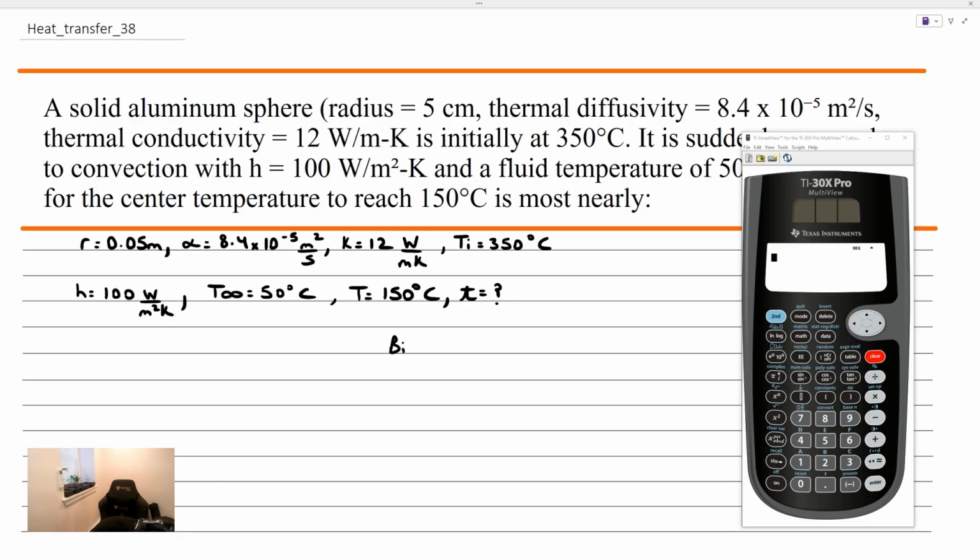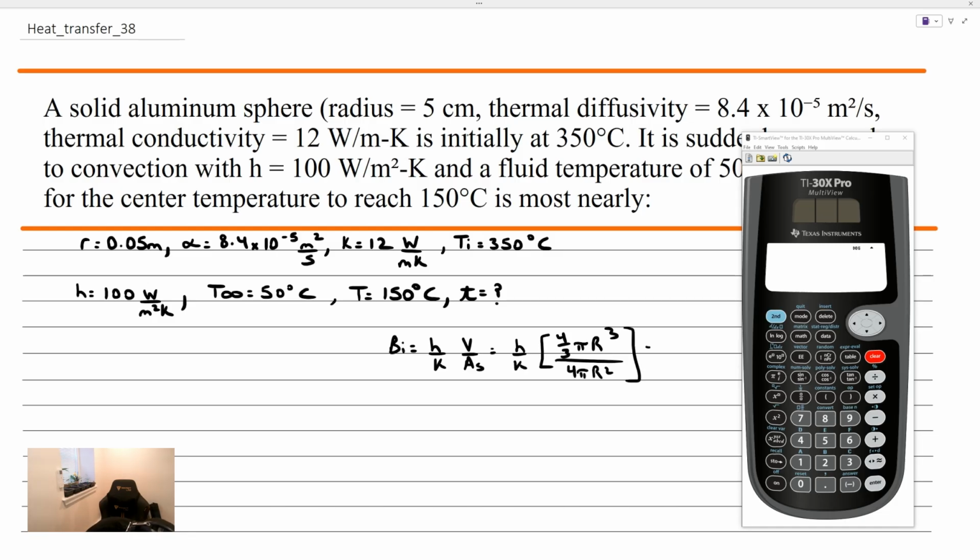The Biot number is equal to H over K, times the ratio of the volume to the surface area. Now note for a sphere, the volume is 4/3 pi r cubed, and the surface area is 4 times pi r squared.